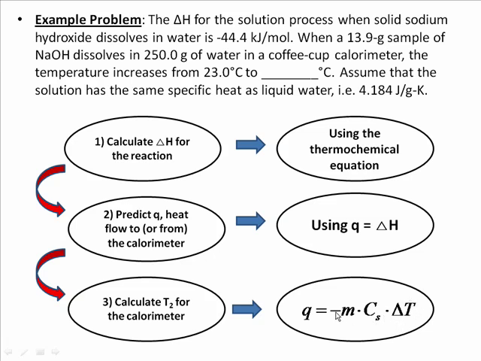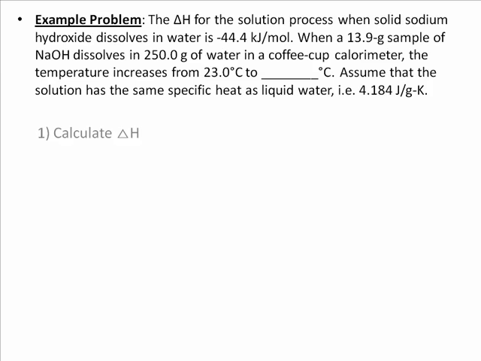And remember that this equation has this negative sign because delta T is T2 minus T1. So if delta T is positive, the temperature increased, T2 is greater than T1, right? Then the heat flow must be negative, because remember Q is defined with respect to the system.